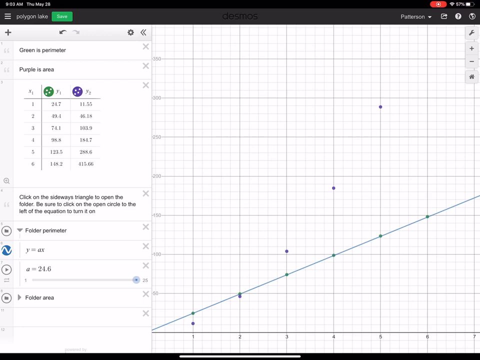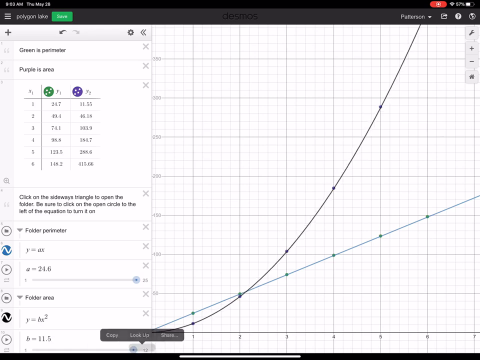It gave me a nice consistent line where the perimeter continues to grow by an equal amount. But the area actually changes more by a curve. That curve is y equals 11.5 x squared. And sure enough, that follows a curve, but it's an x squared.